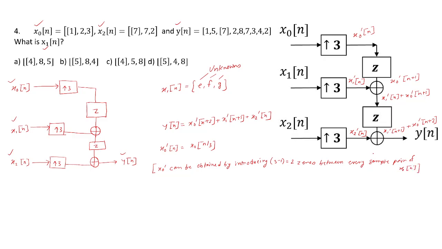So that is upsampling for you. If you upsample a sequence by a factor of L, you are basically going to introduce L minus 1 additional zeros between every two samples of the original sequence. So if x0 of n is given as this, then x0 dash of n is going to be nothing but 1, 2 zeros, then 2, then again 2 zeros, then 3.